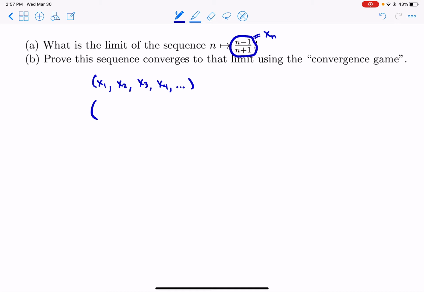x1 is 1 minus 1 over 1 plus 1, which is 0. x2 is 1 over 3.